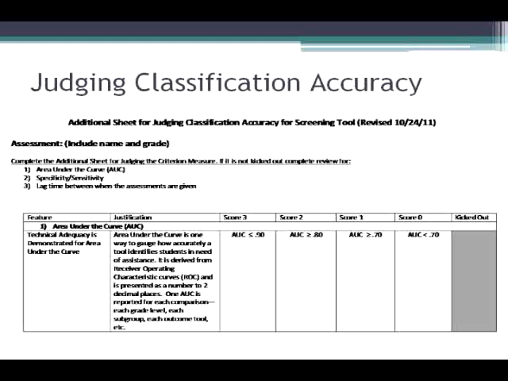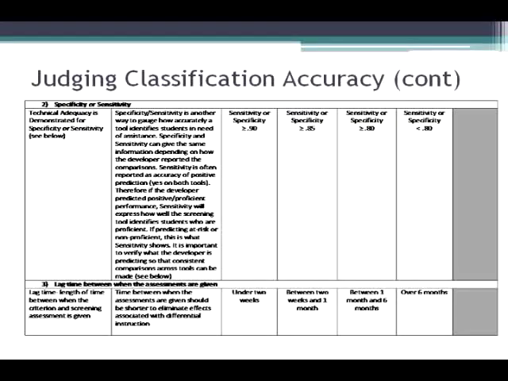And the determination the group made was that a consistent metric should be evaluated so that the comparisons across tools can be made consistently. The standards for determining AUC were based on external sources and the same considerations that the NCRTI considered for the screening tools chart. Moving on to sensitivity and specificity.